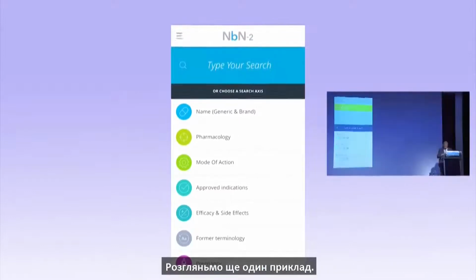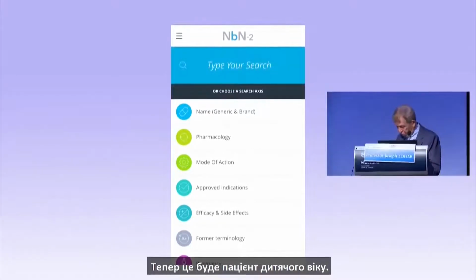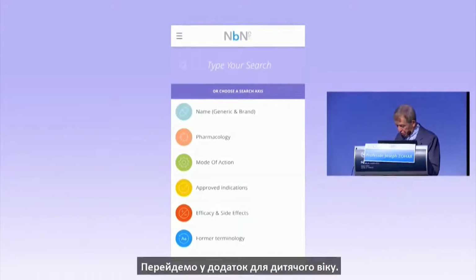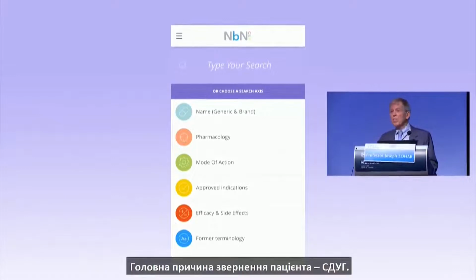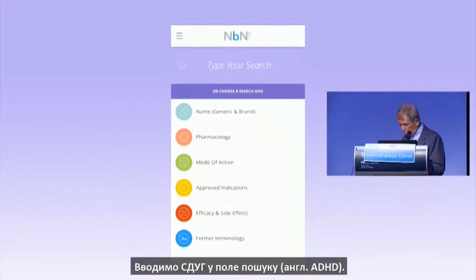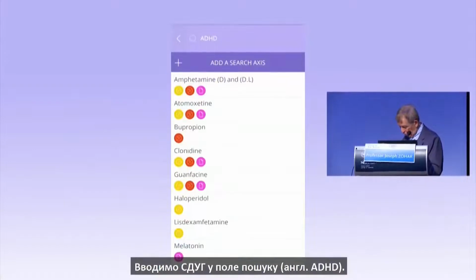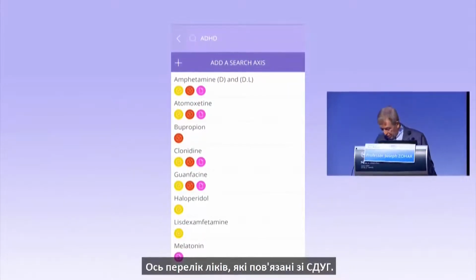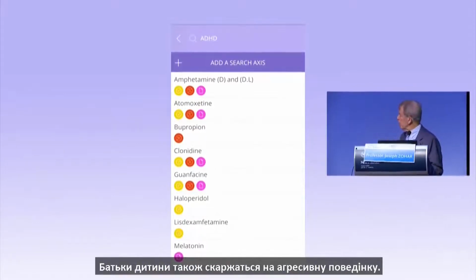Let me give you another example of how to use it. In this regard, we are going to move, let's say, to the child. So we are moving now to children. Let's say that we are seeing a child now, and the child comes and the main complaint is ADHD. So we type ADHD. So we basically get the medication related to ADHD.